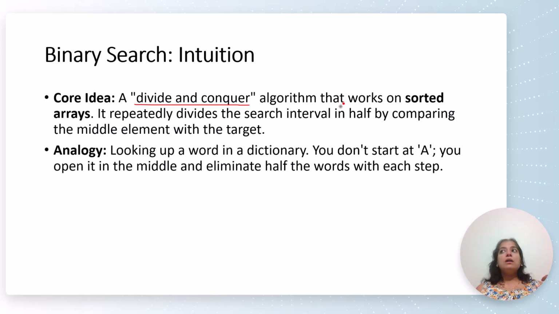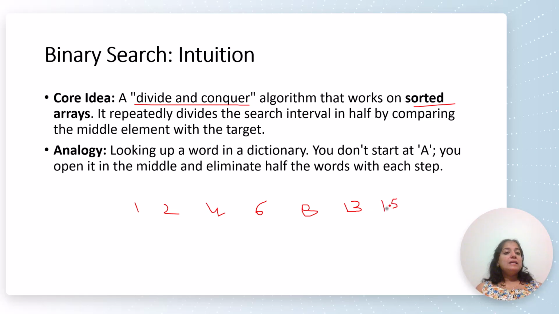Do not unnecessarily look through the whole array, right? So the first condition for binary search is that your array should be sorted. Binary search does not work on an unsorted array. For example, let's say the elements are 1, 2, 4, 6, 8, 13, and so on, 15, right?